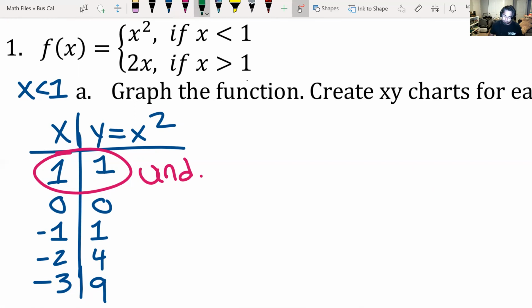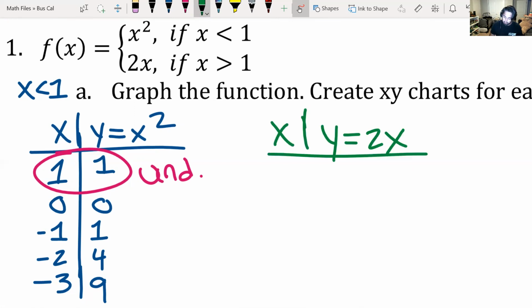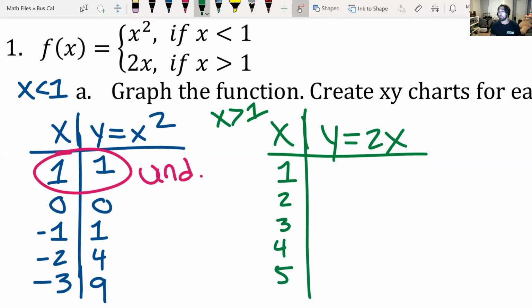So we'll have x and y equals 2x. And for this one, we can only use x values greater than 1. So guess what we're starting with? 1, and we're going bigger than 1. 1, 2, 3, 4, 5. That's all we need.